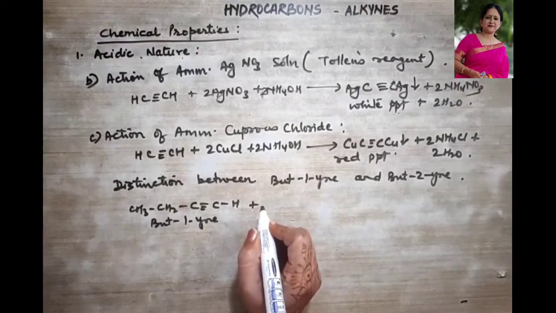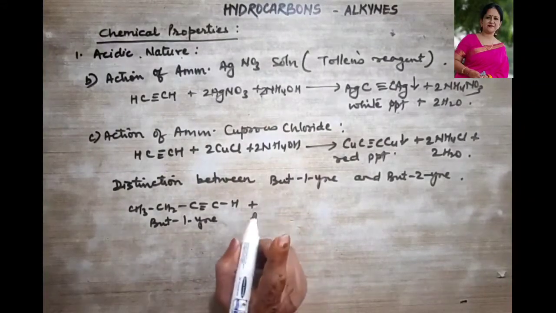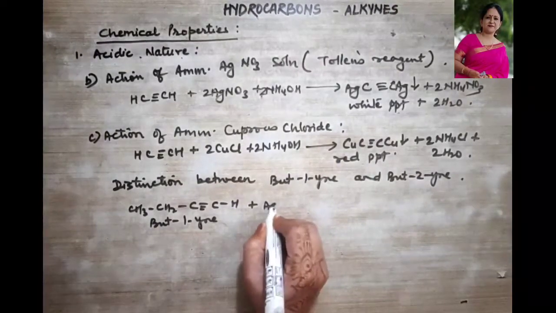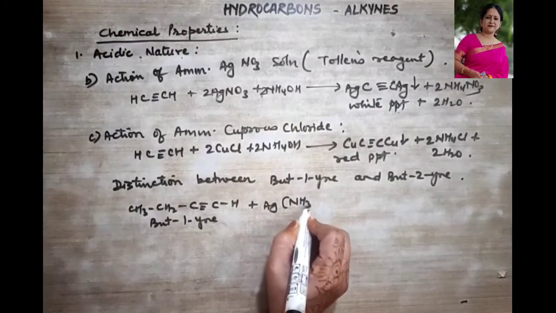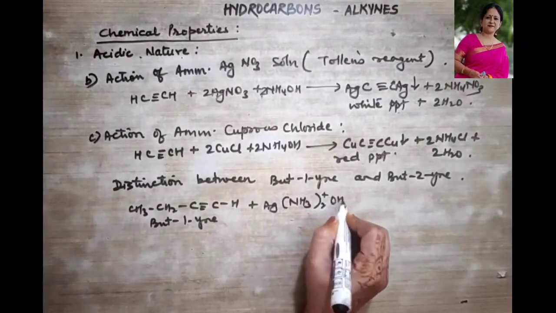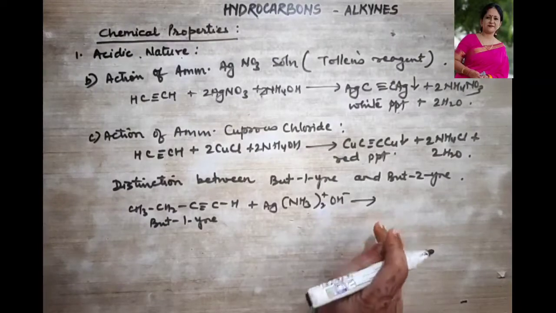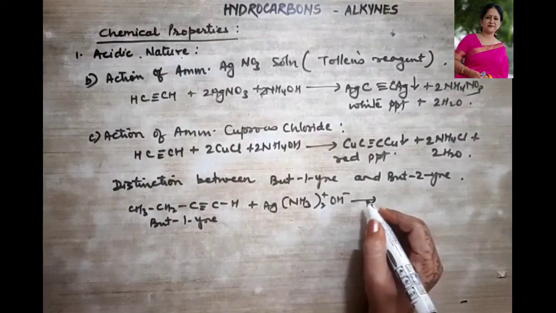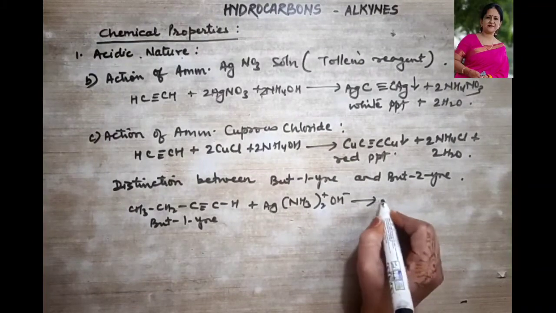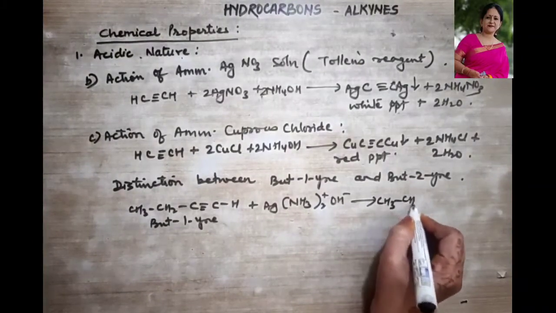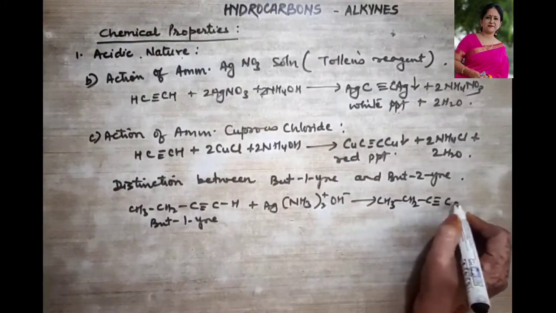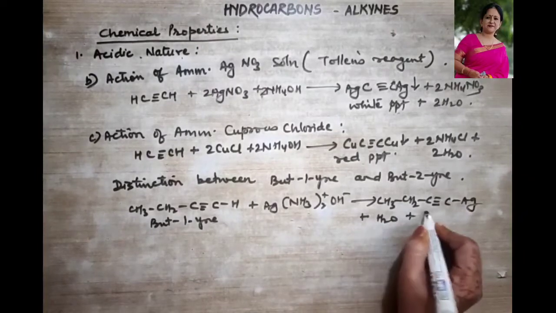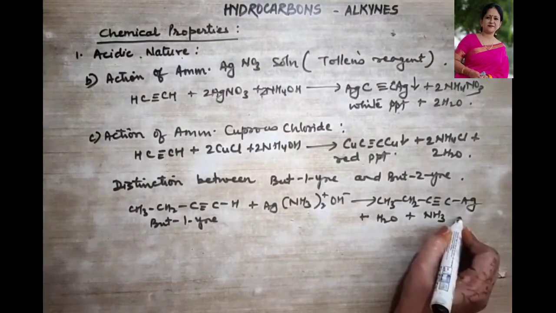And this, when treated with ammonical silver ion, then what are we going to see? Ag(NH3)2 OH minus, okay? We are going to get a white PPT over here. The white PPT is of silver butanide, that is CH3CH2C triple bond CAg plus water and ammonia will be formed, right?